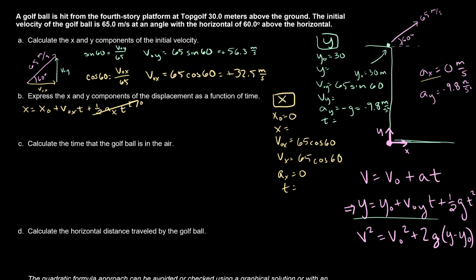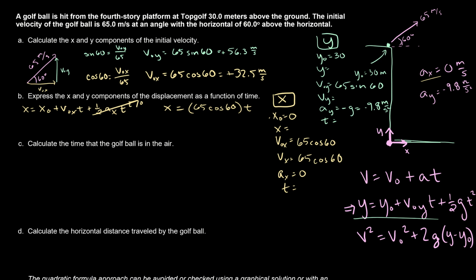So what we end up with is x equals x naught, which is 0, plus v naught x, which is 65 cosine of 60, times t. Okay, and we actually don't even need to write the 0, so we just get x equals 65 cosine 60 times t.